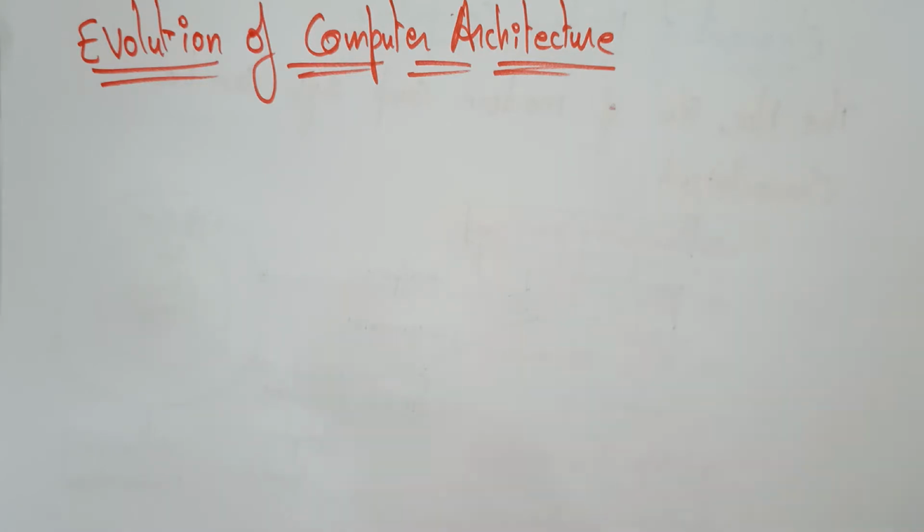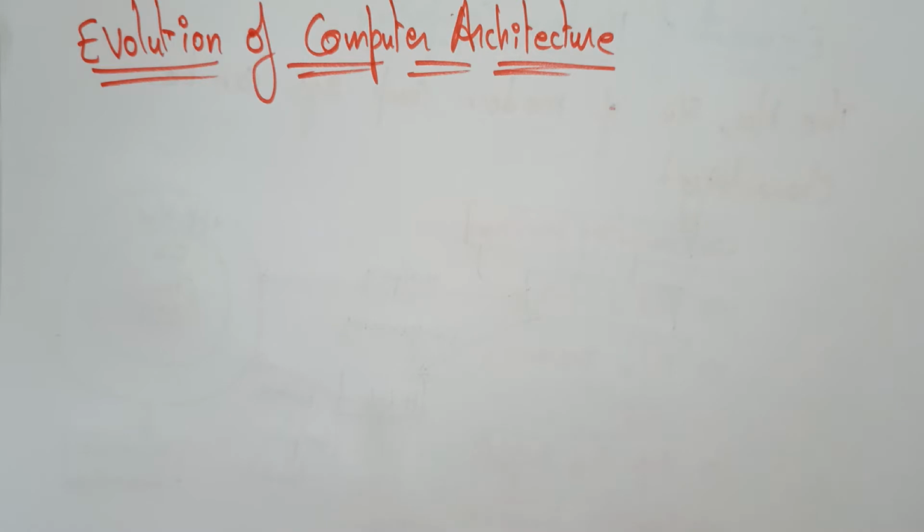Starting with the von Neumann architecture, we all know that it is strictly sequential. Everything is sequential. The von Neumann architecture is the first architecture based on the stored program concept. When we talk about the stored program concept, it means we are using the memory to store the data.